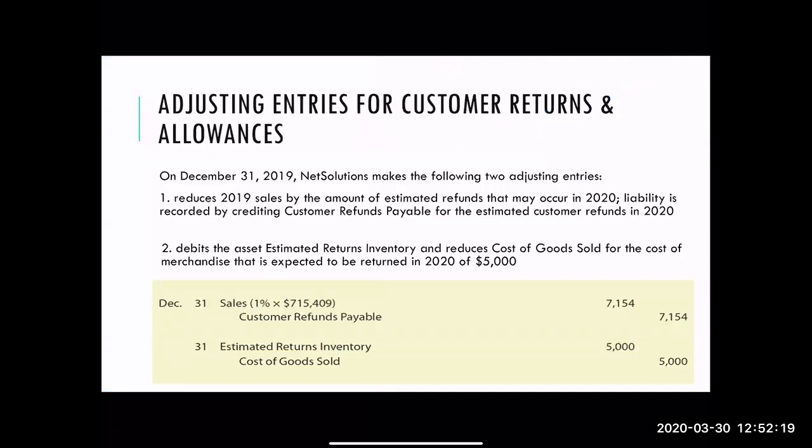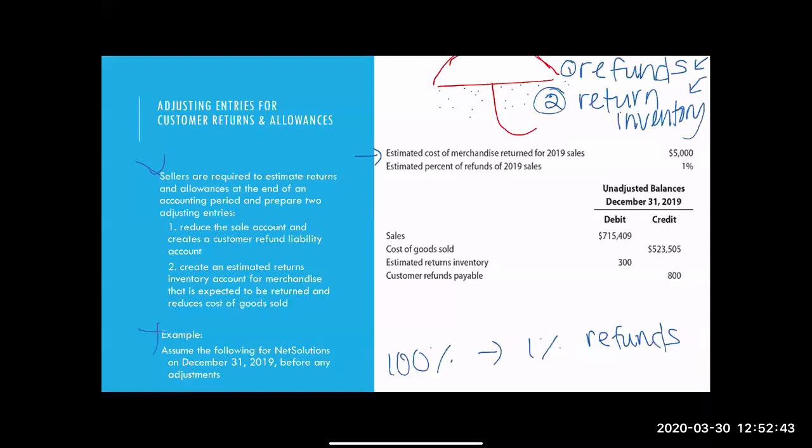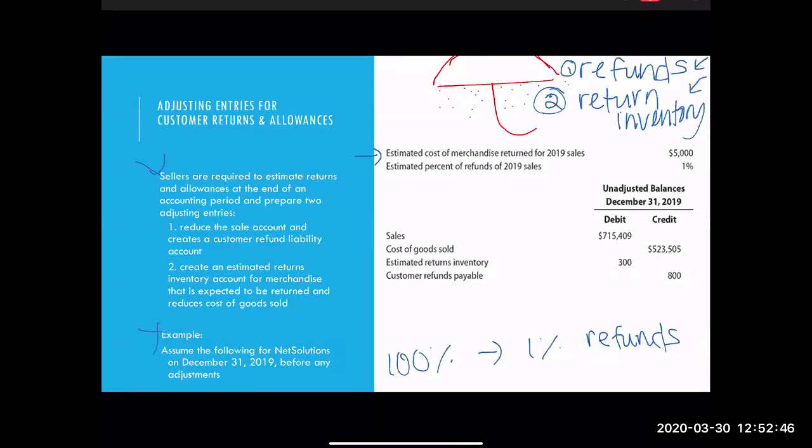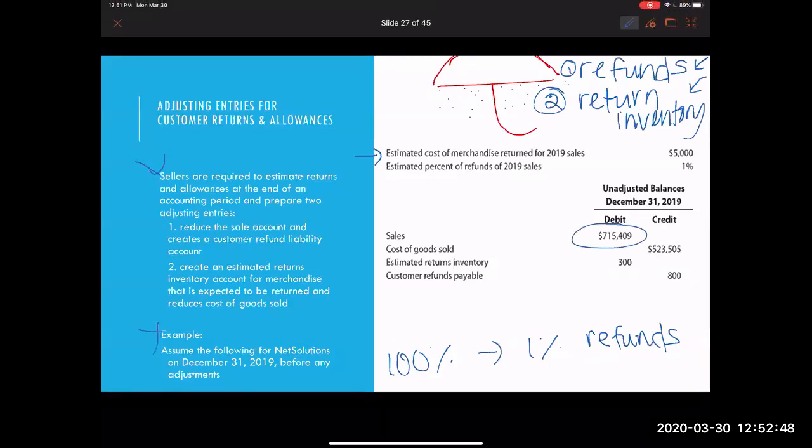On December 31st, 2019, Net Solutions makes the following two adjusting entries. The first one is the estimated refunds, so what we expect the refunds to be. It said that we expect the refunds to be 1% of our sales. If I jog back really quick, our sales is in the amount of $715,409.